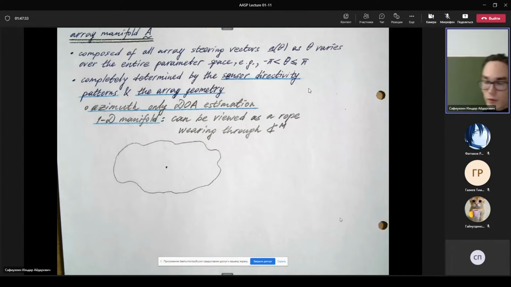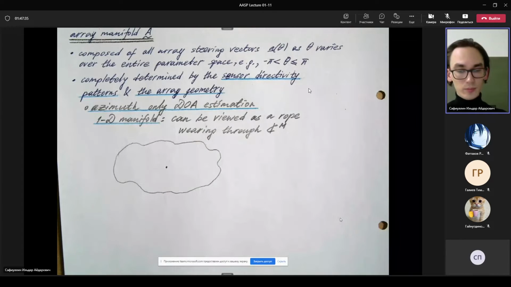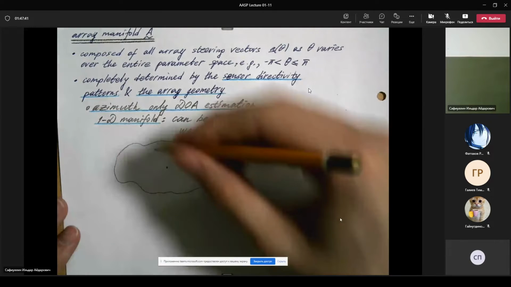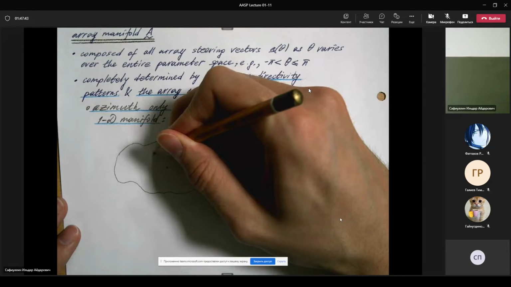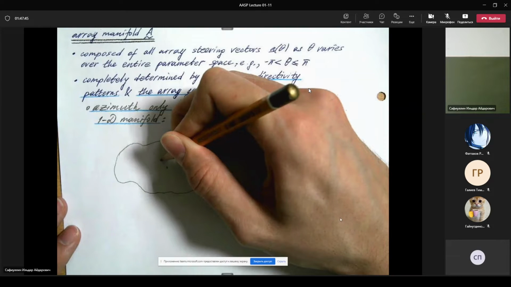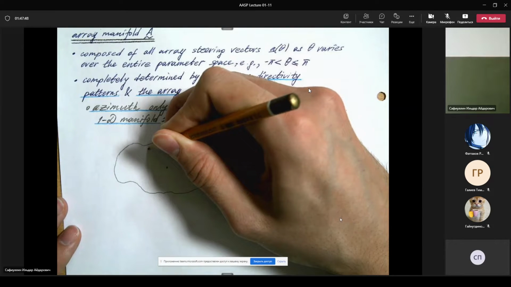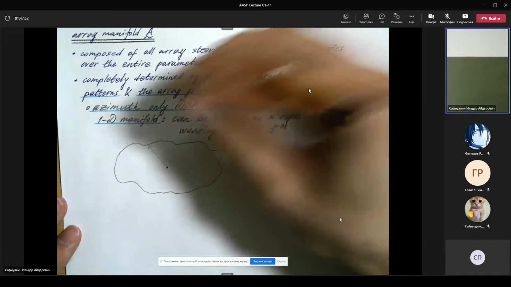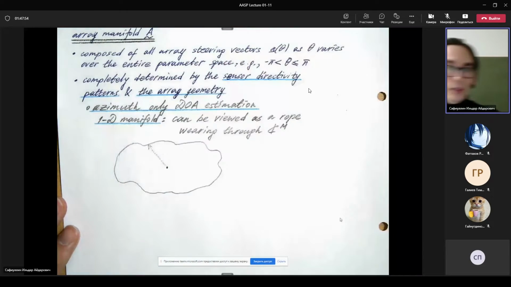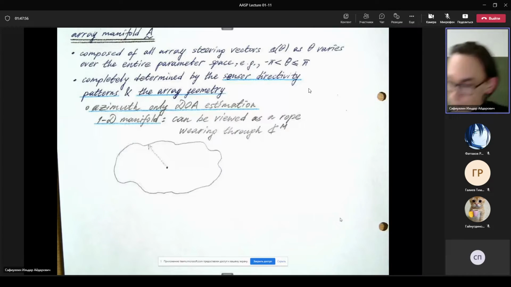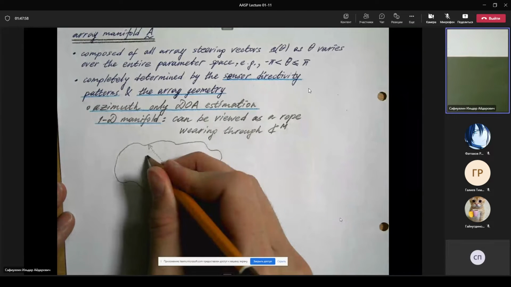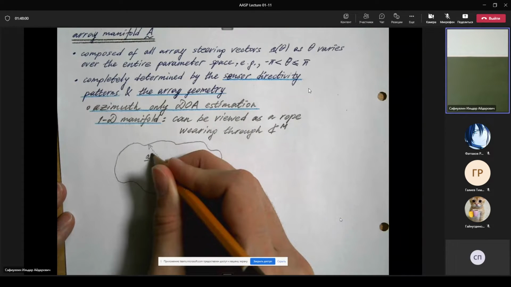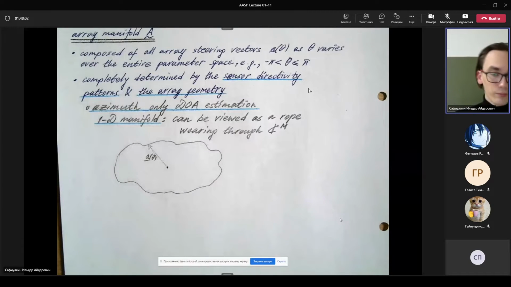And the general vector, this array steering vector, I show it with dotted line. We will call it A of theta. So it is the general one.